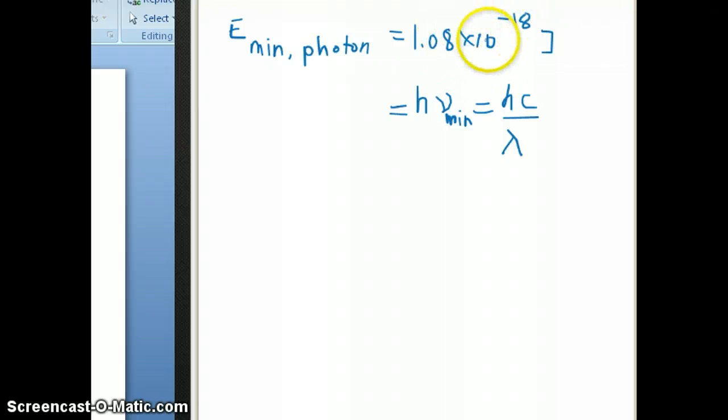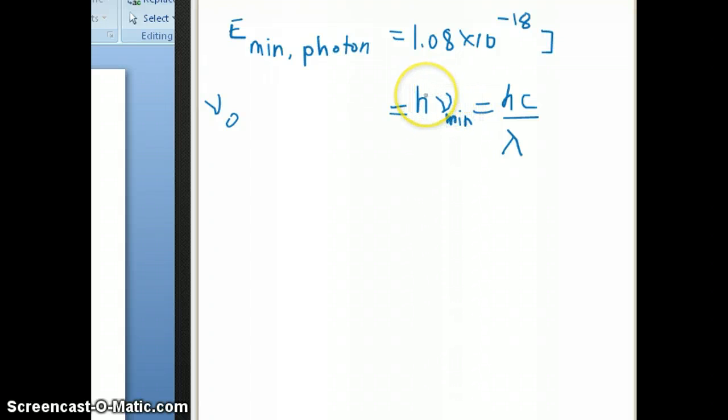So the energy of the photon could be this or higher, and as a result the photon must have a frequency of at least this or higher. And in fact, that's been our description of the photoelectric effect. We talk about this quantity called nu naught, which is a threshold frequency. So that's really what that threshold frequency is.